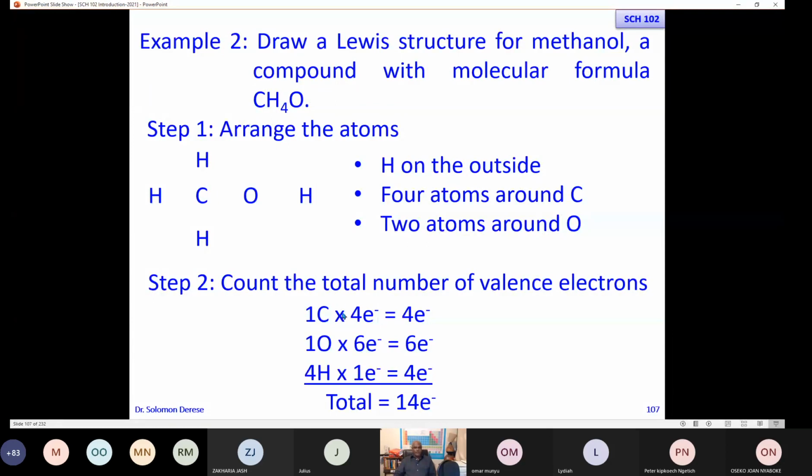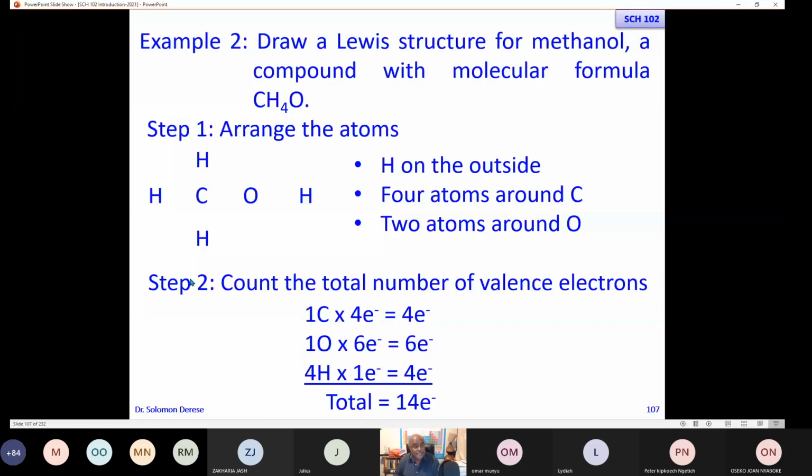Carbon has 4 electrons, 1 times 4, 4 electrons. We have 1 oxygen. The valence electrons on oxygen is 6, 1 times 6, 6. We have 4 hydrogens. The valence electron is 1, 4 times 1, 4. The total number of valence electrons in the molecule of CH4O, methanol, is 14.